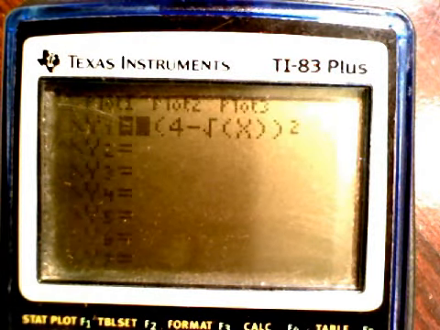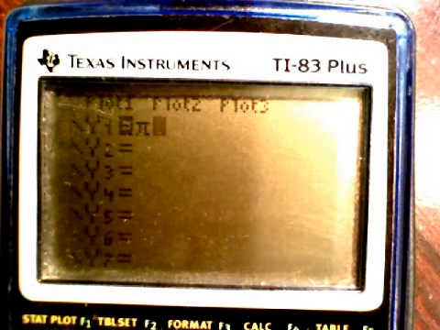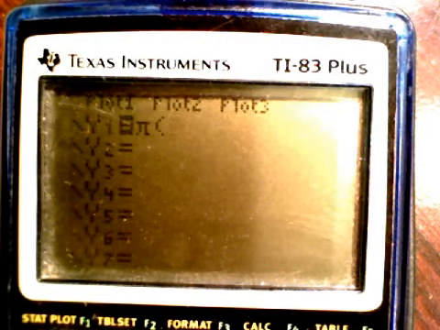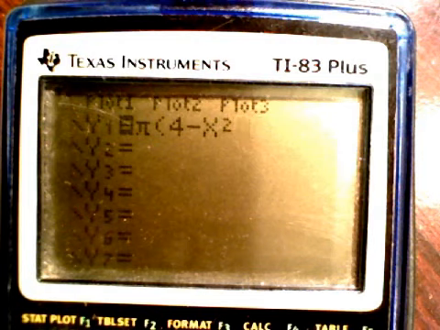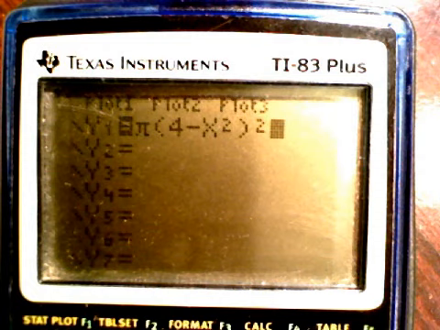And just to clean this up, guys, I want to make sure you're aware why I'm doing this. Put it into y1, you'll make fewer mistakes as well. 4 minus y squared. Again, we're going to put x squared in there: 4 minus x squared, squared. There's two squareds in there. That's the integrand. Every time, put your y1 as your integrand. You clean it up, you get to look at it carefully, and then make sure you make any adjustments.